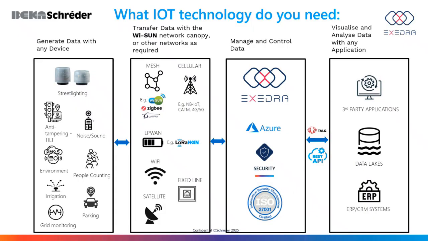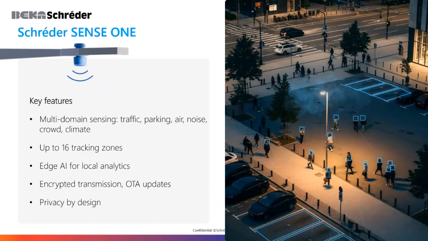It's encrypted, with over-the-air secure data transmission, and it's fully GDPR, the General Data Protection Regulation, and also local POPI Act compliant, to protect personal and public data through its processing, capturing, and storage.